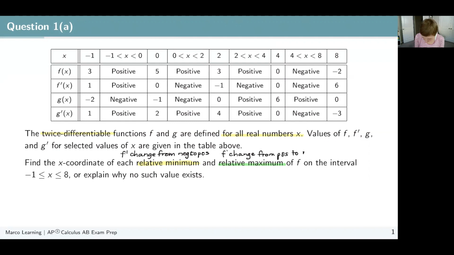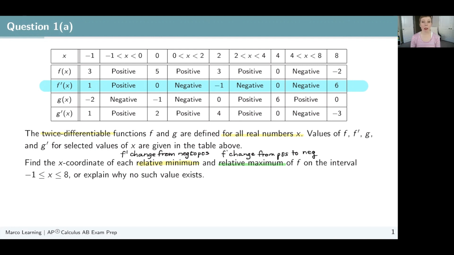So let's go to the table and see if we can identify points where that is happening. All right, so f prime is this row in the table. And are there any places where the f prime values are changing from negative to positive?